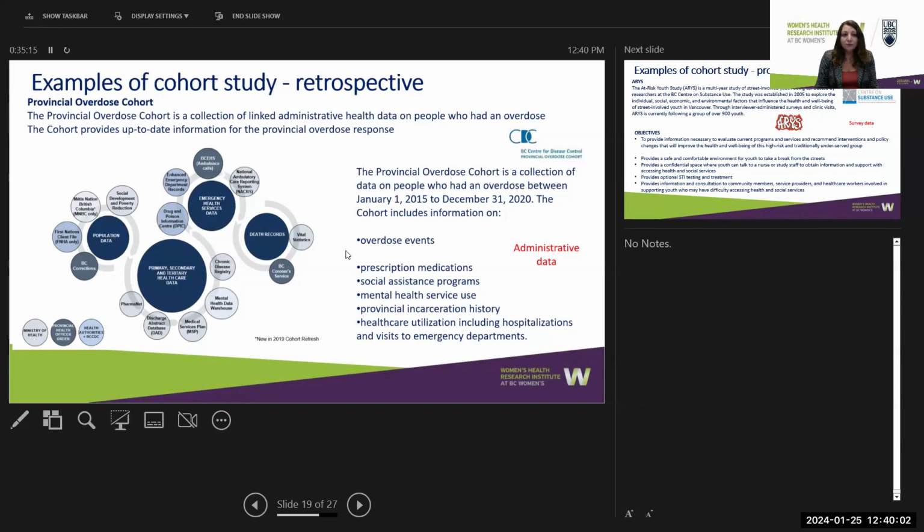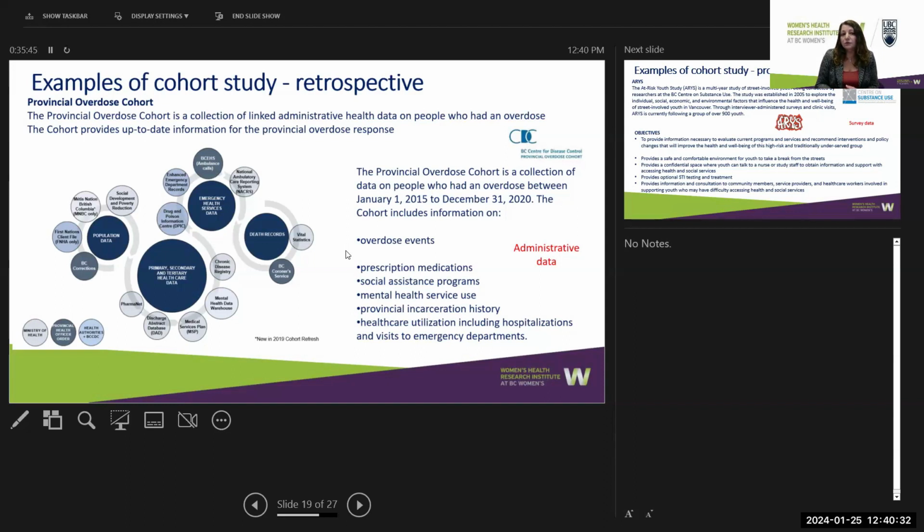For health data, it was NACRS, emergency department, discharge abstract database for hospitalizations, MSP for doctor's visits, and PharmaNet data as additional data to identify which prescription drugs people use if they overdose on prescription drugs and so on. The partners were PHSA, the Ministry of Health, and different health authorities related to the BCCDC.